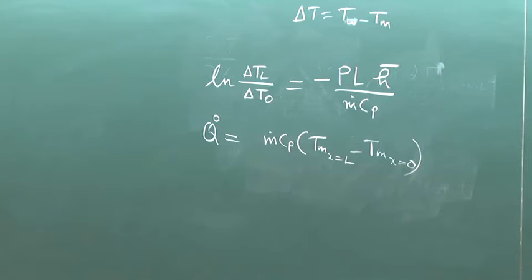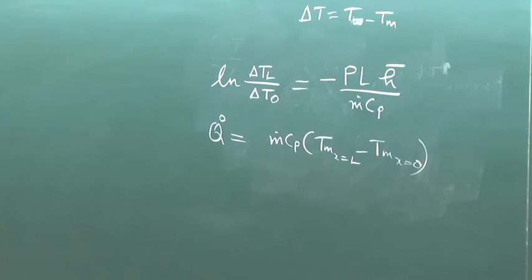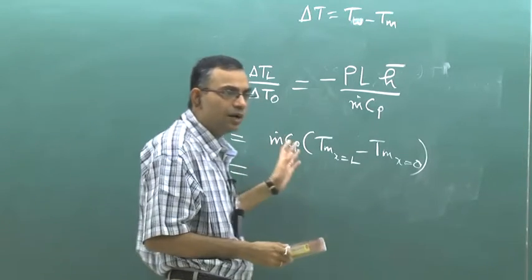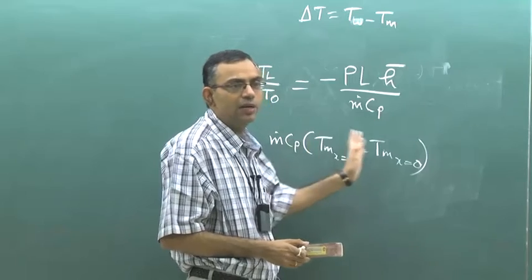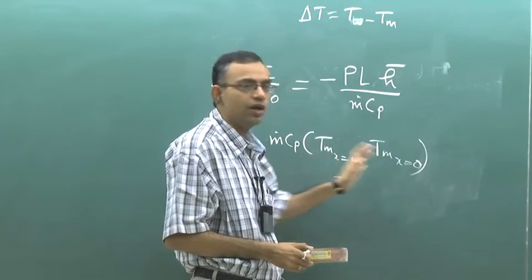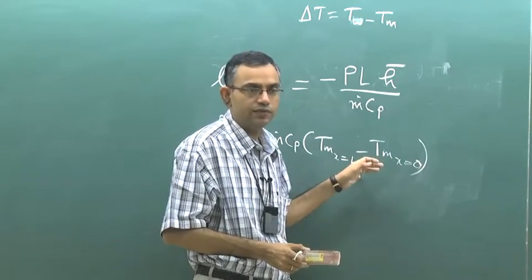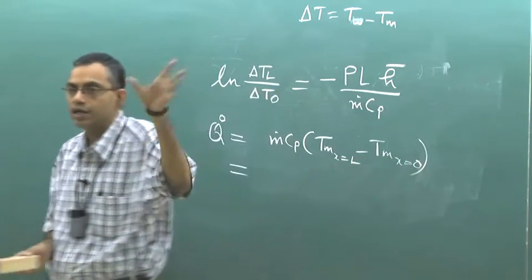This is just a simple energy balance. This is nothing but the change in enthalpy. So if you write the first law of thermodynamics for the control volume, this is what you will get as the heat transfer. There is no work done in this case.